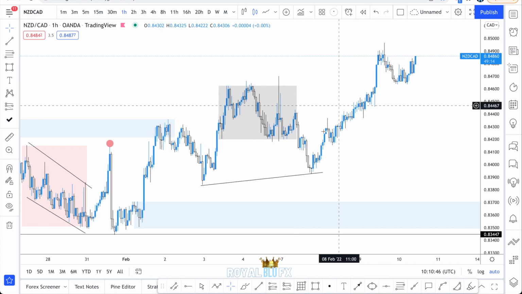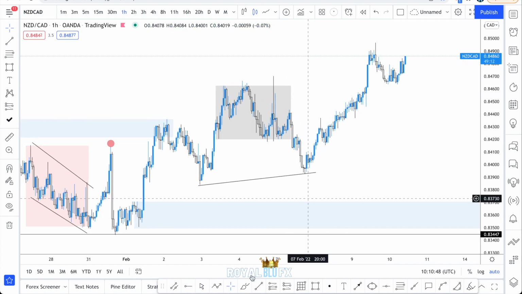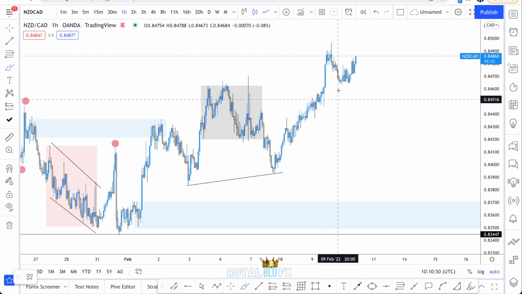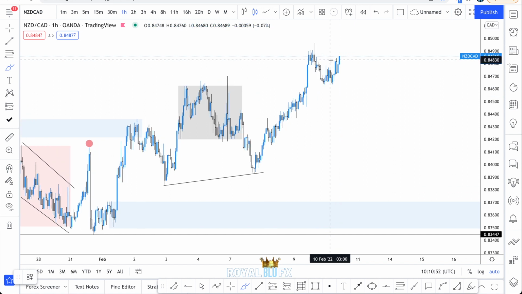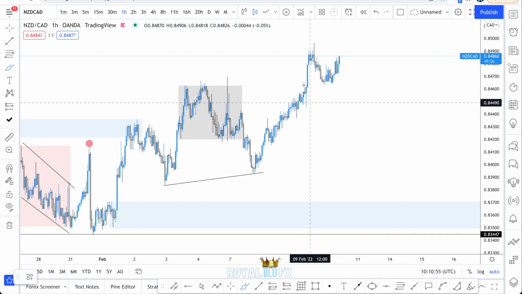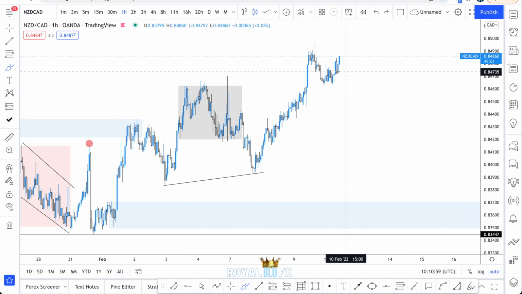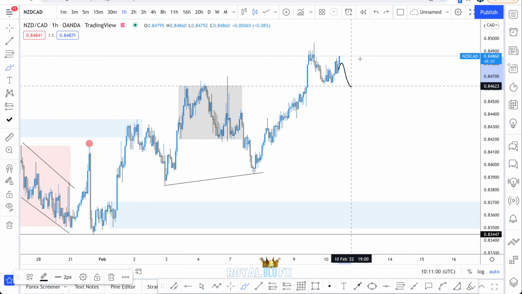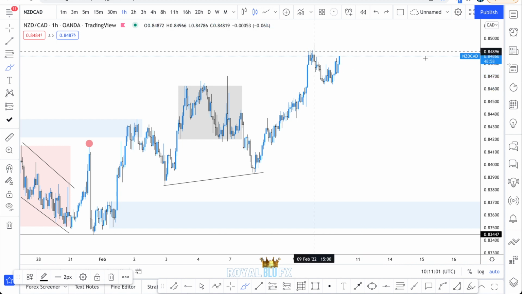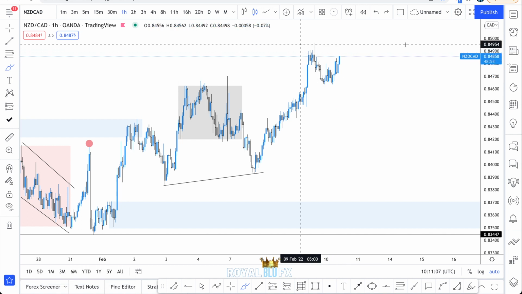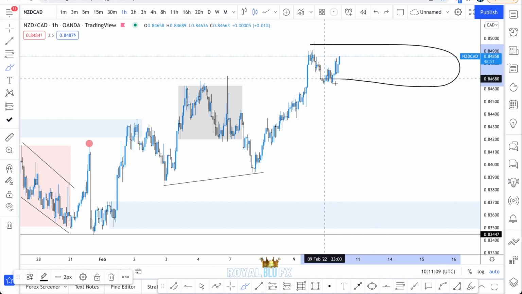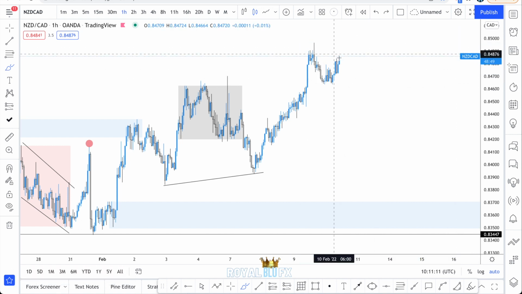Okay, once price is extended, your job now is to wait for the range to happen. You're looking for signs of range. We know that there is a break of structure. Now what we're waiting for is for price to bunch up together, creating either a sideways range or a trend line range.